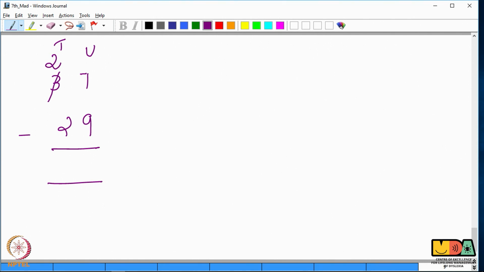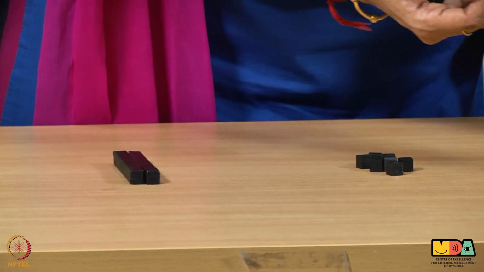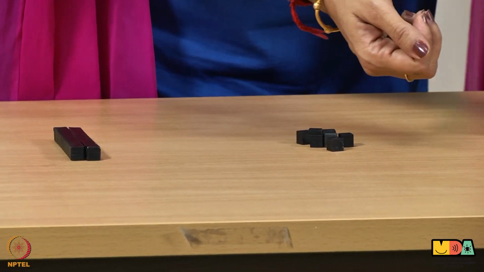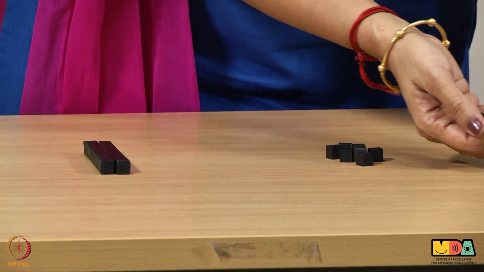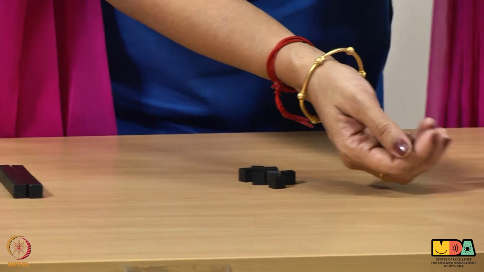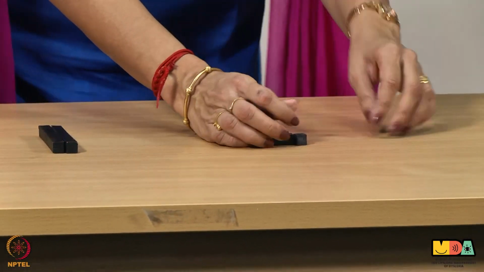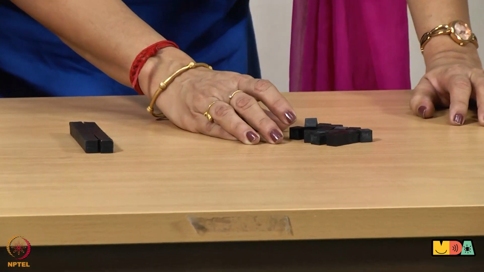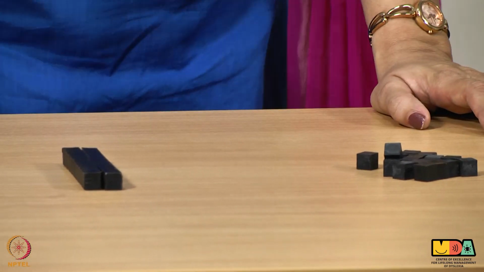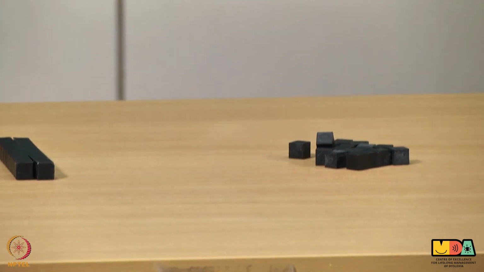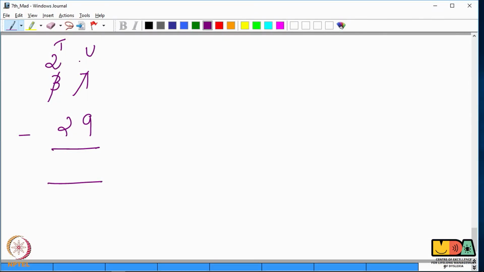Now, the bank will give them 10. So, they put it along with the rest of the units here, they count it and they realize that they have 17. So, they go to their notebook immediately, score off the 7 and write 17.